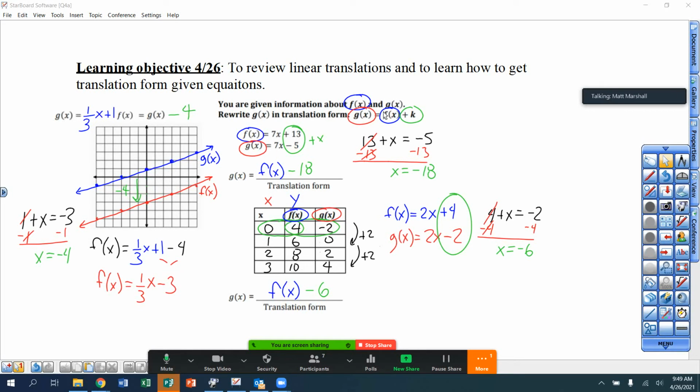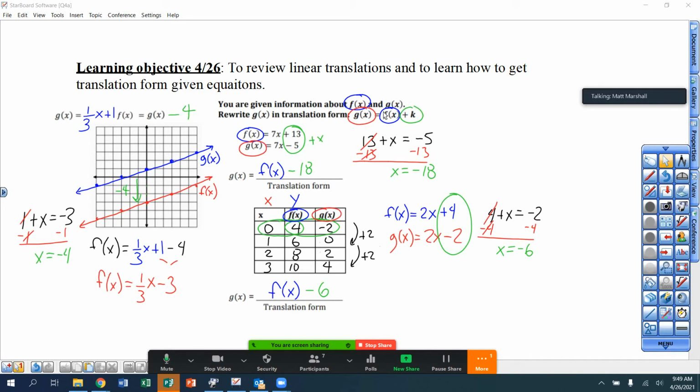What if this was g(x) right here and this was f(x)? It wouldn't matter, because f(x) is the pre-image. Ooh, you know what? I want you to know for tables, I'm going to have the first one be the pre-image. So there will be problems, Angel, where I try to be tricky and make this the g(x) and this the f(x). So this would turn into f(x) being the g(x). All right, thank you, Angel, for listening.